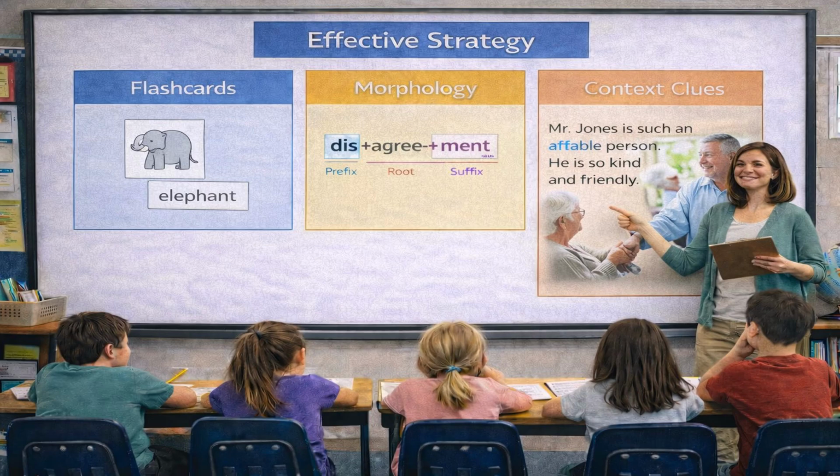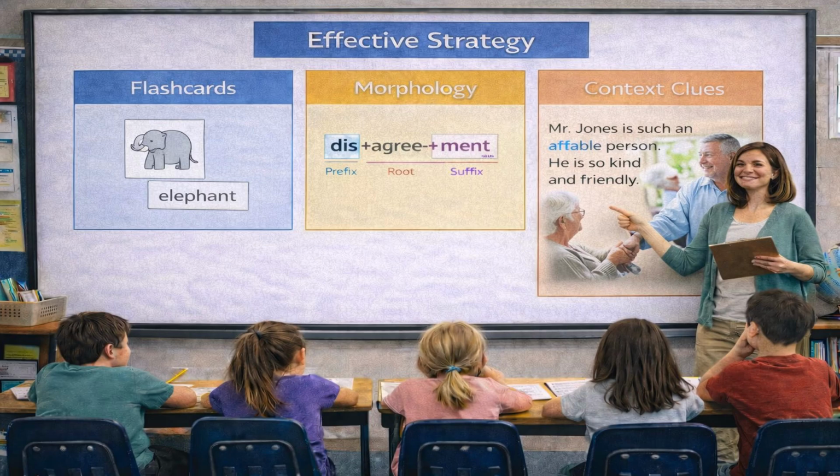Now, let's talk about context clues. Context clues are words or phrases in a sentence that help students understand the meaning of an unfamiliar word. In this example, Mr. Jones is such an affable person. He is so kind and friendly. The words kind and friendly help students understand the meaning of affable.